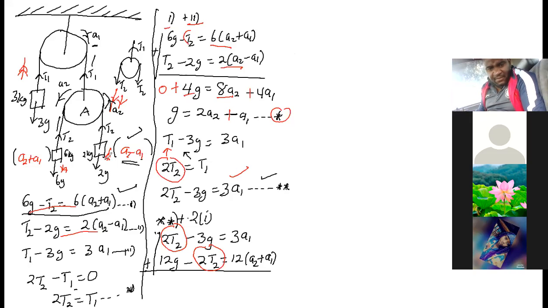So this will give me 0 plus 12G minus 3G. We get 9G is equal to, when I add 3A1 plus 12A1, I'll get 15A1 plus 12A2. This is equation star.